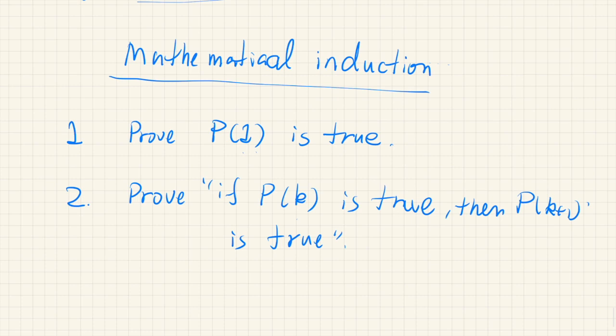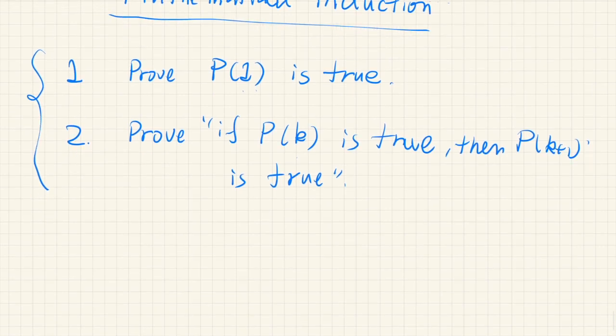Okay, if these two steps are satisfied, then we conclude that P of n is true for all natural numbers.